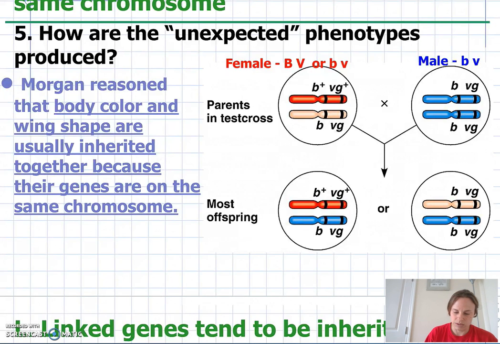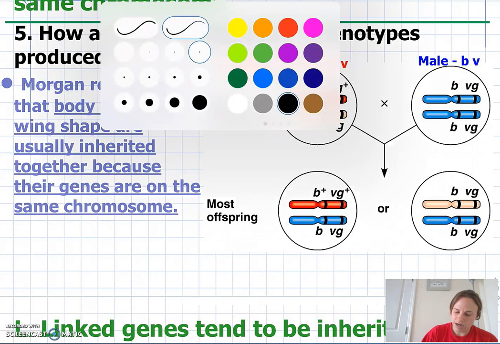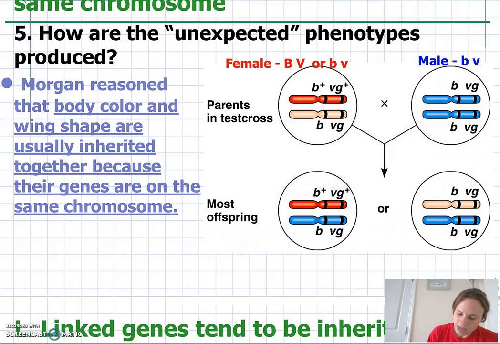And then this is what it would look like. So if I look at the mom's chromosomes, here I have the dominant allele. Here I have the recessive allele.